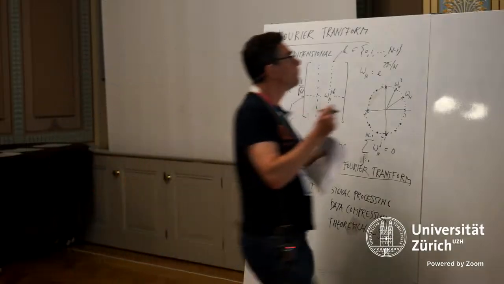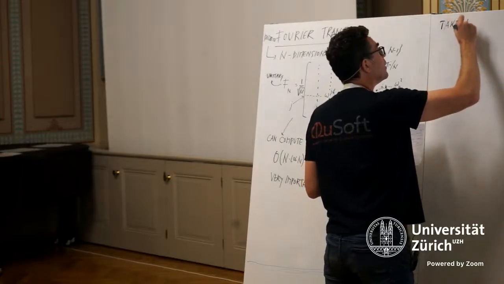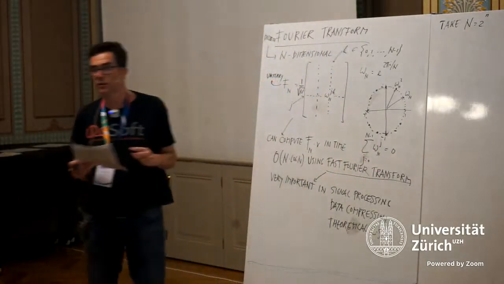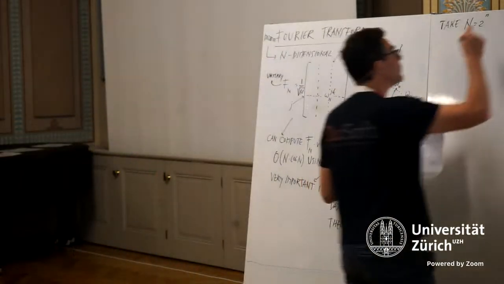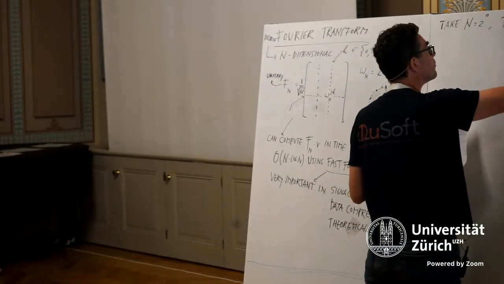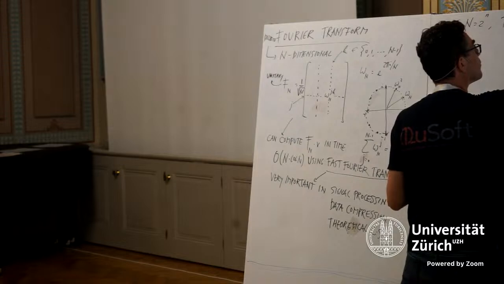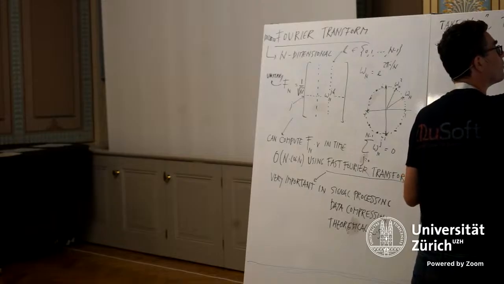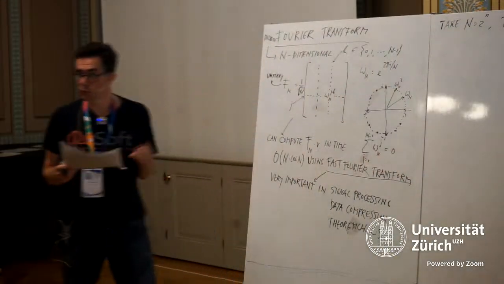And if we take capital N a power of 2, like 2 to the power little n, then this Fn is actually an operation on a state of little n qubits. And a very useful one also.